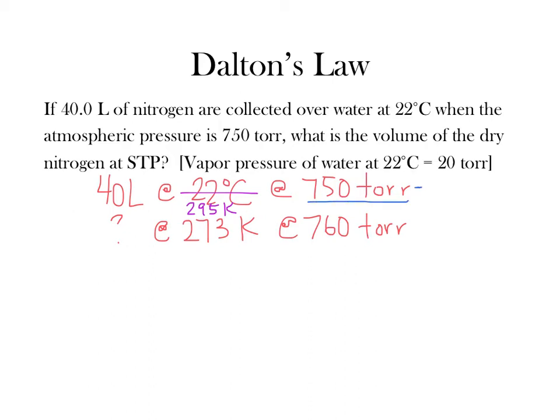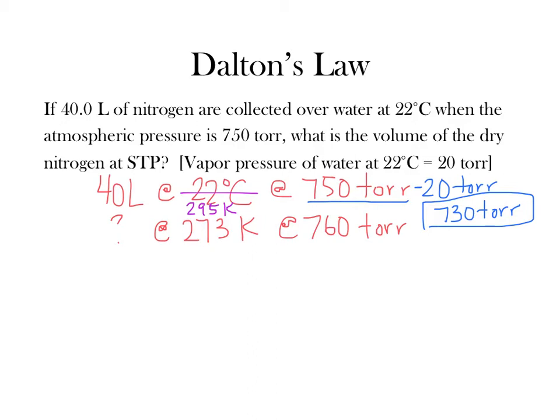So you'll have to subtract out the water vapor pressure at that temperature. So 750 minus 20 is equal to 730 torr. That is the new initial pressure instead of the 750 torr.